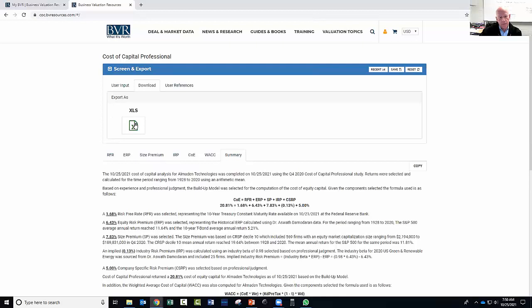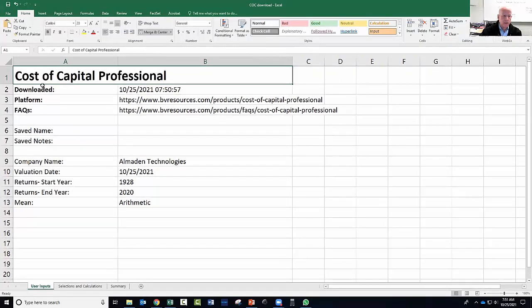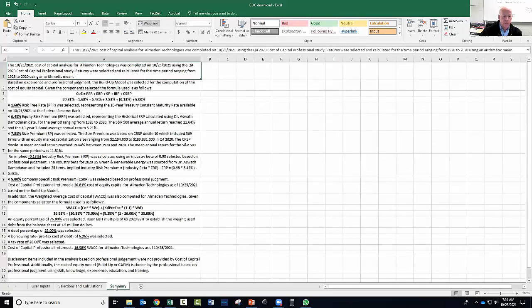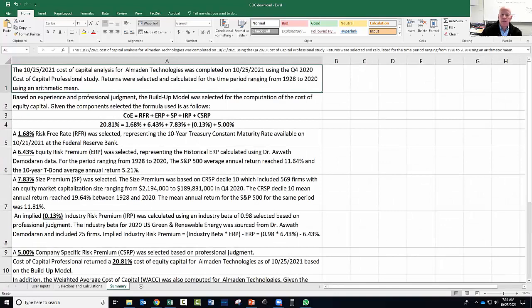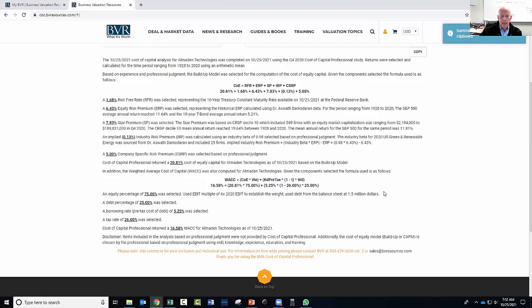If I download it into an Excel file, it takes just a moment, and then I can click on the file. I'm now looking at an Excel file with a couple of different tabs or worksheets that give us information about what we're doing, and then the summary itself. We can save this, we can copy and paste it to other items, or we've already copied the item from the report here. And now I have finished my utility of this tool.